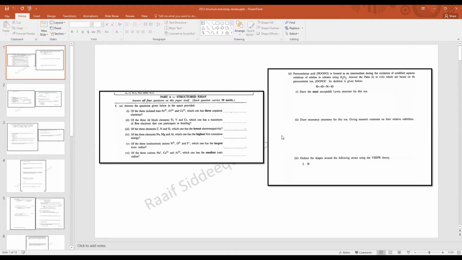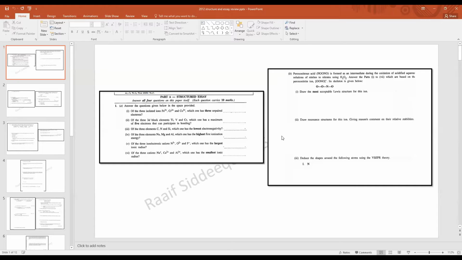Okay, so there is no problem for us to do the question here. You don't need to know whether this is nitric acid related or not. Okay, so the question says draw the most acceptable Lewis structure for this ion. Okay, so what is the ion given?